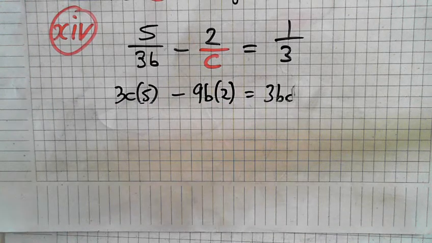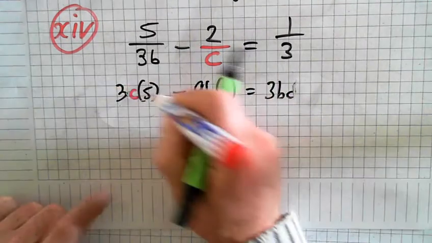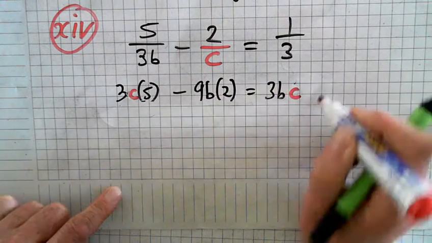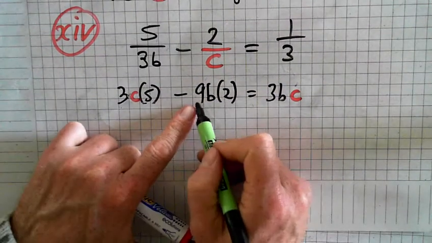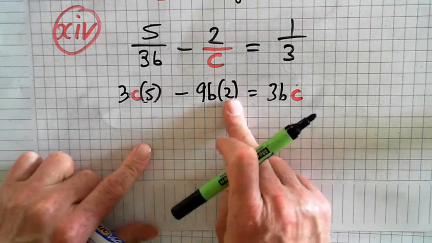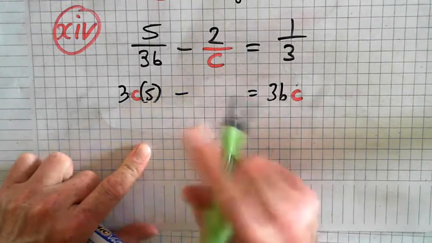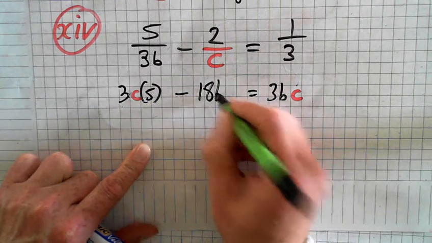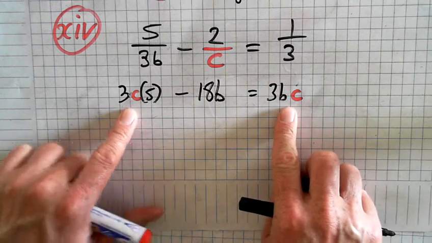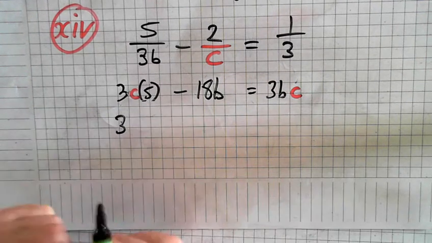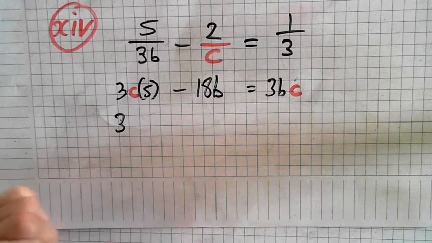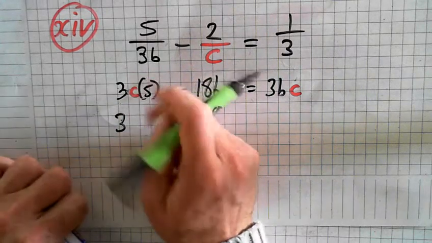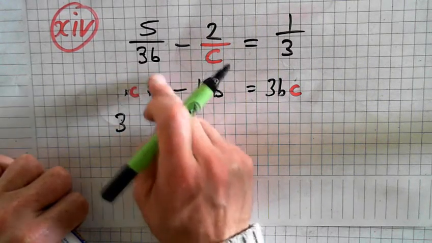And c is the one that we want to keep on the left. Sorry, I'll double that. What's double 9b? 18b. Right, so we want the c's on the left. Again, what's 5 times 3? 15c.